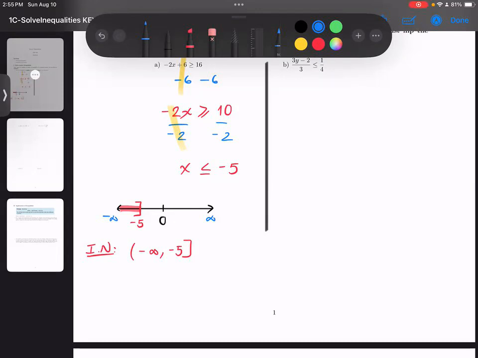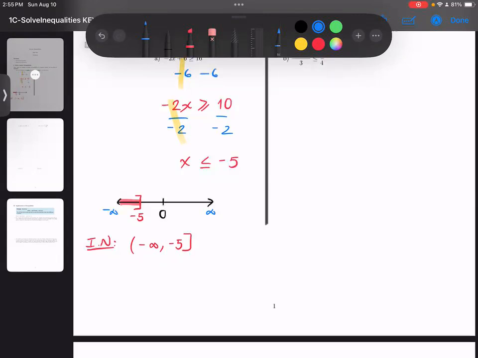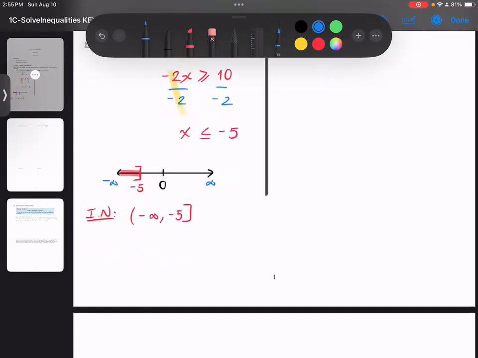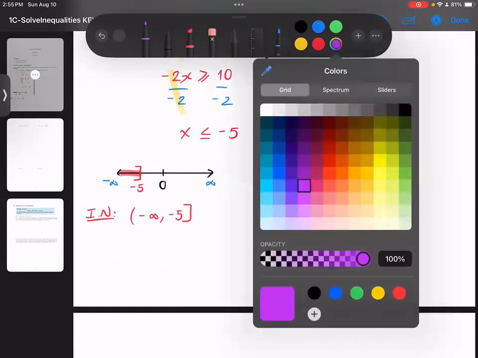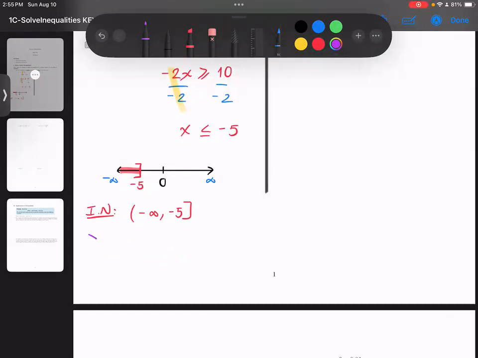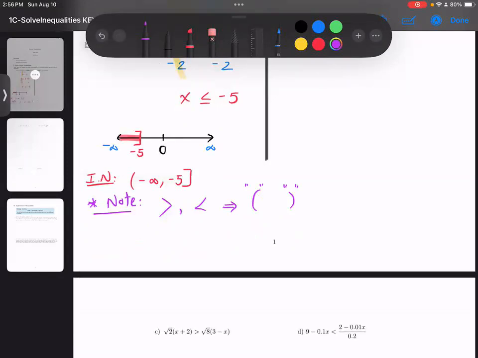All right. Before we move on to the second problem, I want to put some notes here. Maybe use purple. I usually use purple for my notes. If the problem is less than or greater than without the equal, we're going to use a parenthesis, either open parenthesis or close parenthesis.